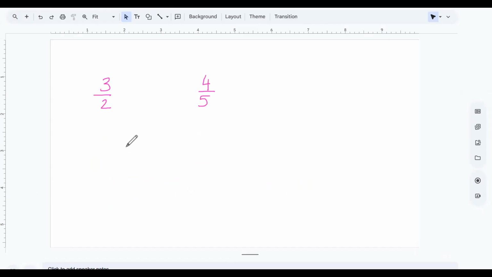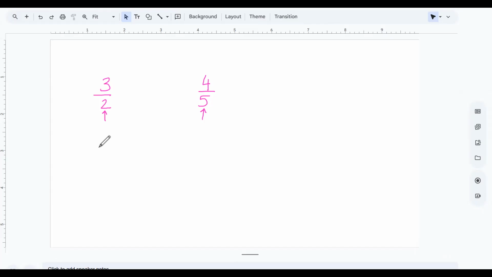Now, these two fractions again are split differently. This fraction belongs to a whole that is split into halves or two parts, and this fraction belongs to a whole that is split into fifths.